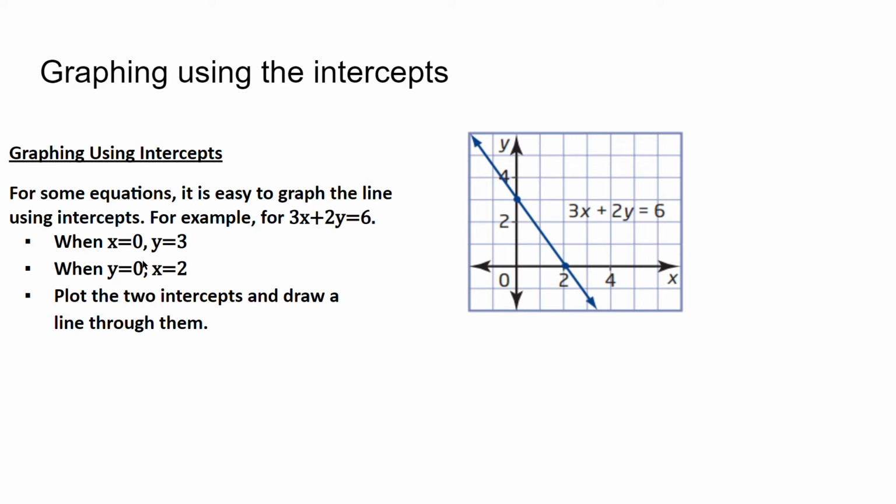So we can tell right away that the y-intercept would be the point (0, 3) and the x-intercept would be (2, 0). If we connect these two points together, that gives us a line, and now we can just extend that line.